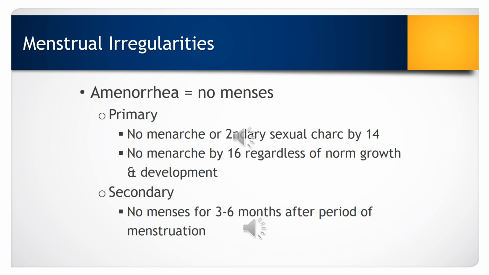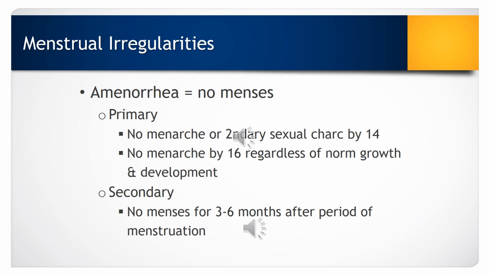90% of these cases have no identifiable cause. Other times it can be related to hereditary, that they're late bloomers and that their menses is coming, or that there are some issues in the hypothalamus, pituitary area, which would alter those hormones that are released in those two areas.